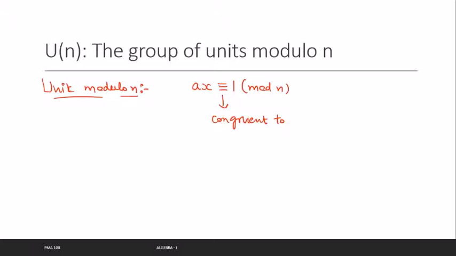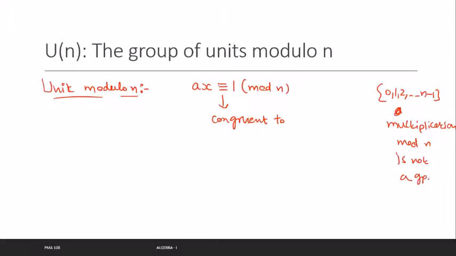Yes, ma'am. Right. So you know that whenever there is an element a, you multiply it with some other number and you get 1. We were discussing a group earlier, the set of integers mod n under the operation of multiplication modulo n, and it is not a group.